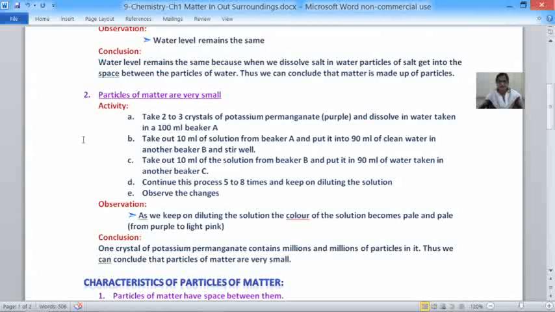Thus, we can conclude that the particles of matter are very, very small.